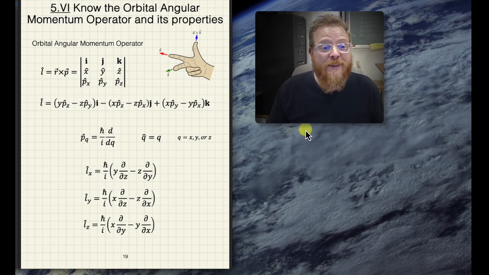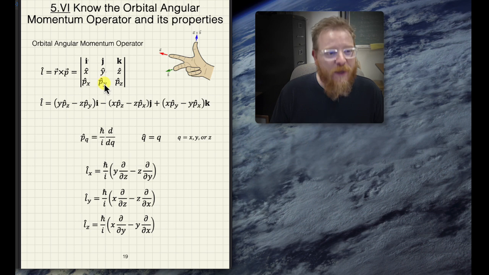So we can see now that hopefully this looks familiar. We've got the cross product here. So the orbital angular momentum operator is r cross p that we can see written right here. Recall the way that this is going to go: our unit vector i is going to be y pz minus z py.